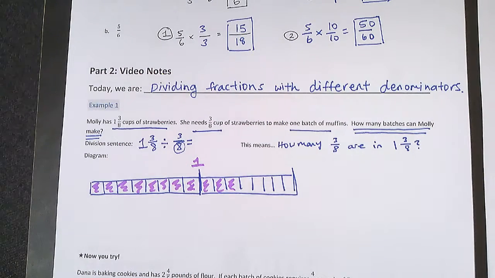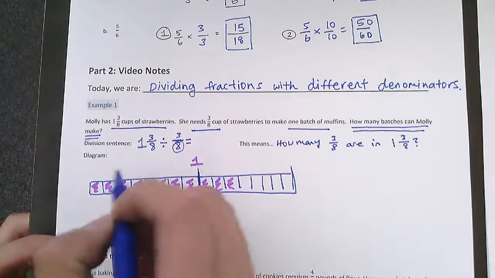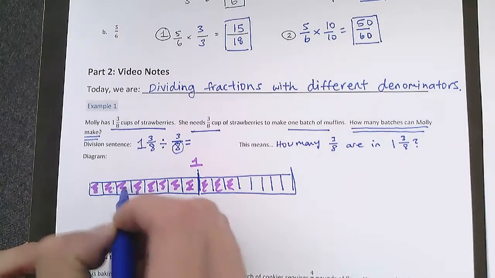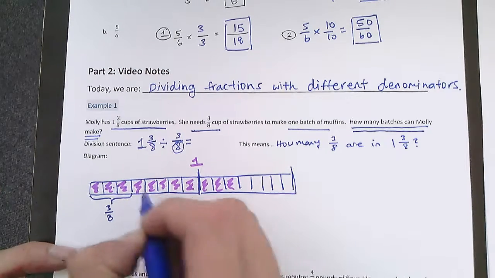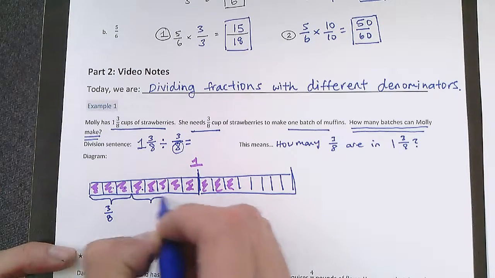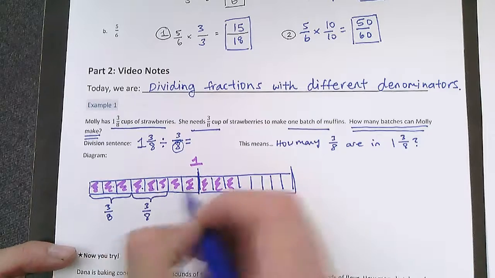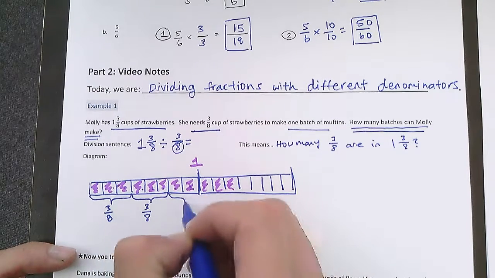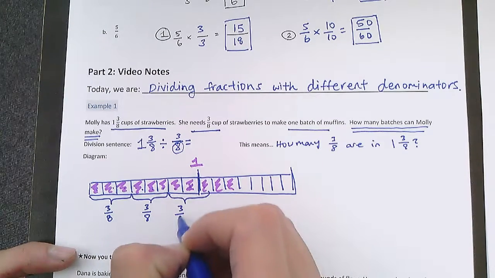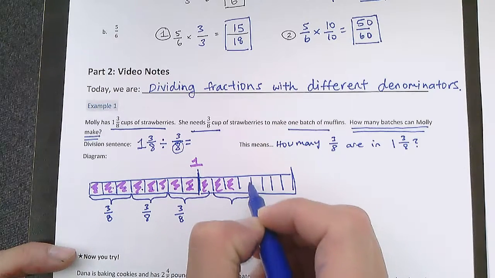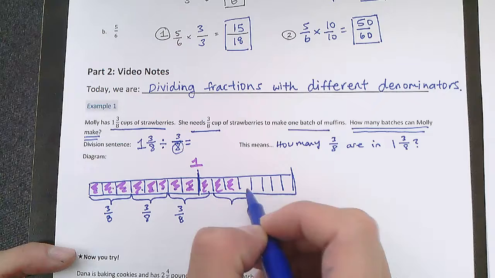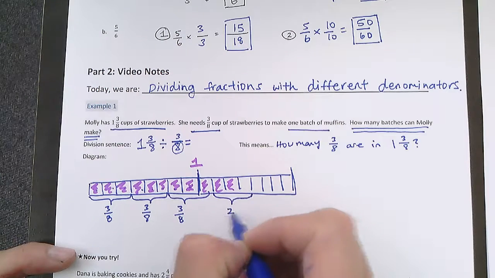Then among this 1 3/8, let's see how many 3/8 we can make. 1, 2, 3, there's 3/8. 1, 2, 3, there's another 3/8. 1, 2, 3, there's another 3/8. And then 1, 2, 3 would be 3/8, but we only have 2/8.